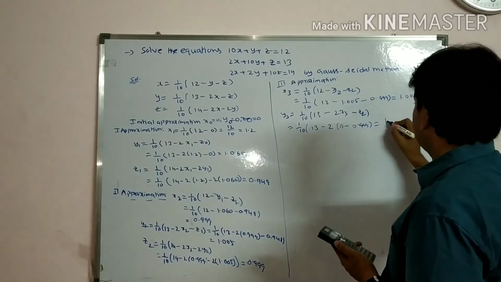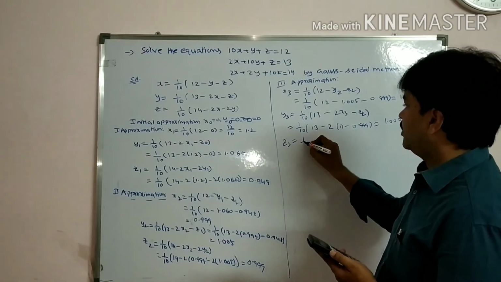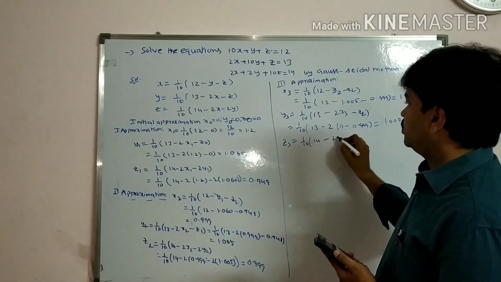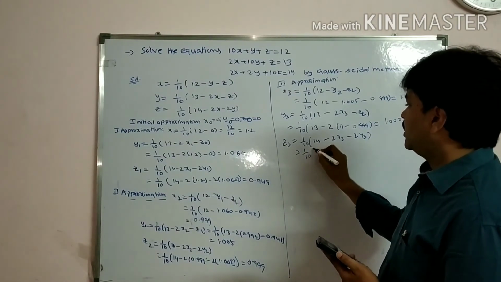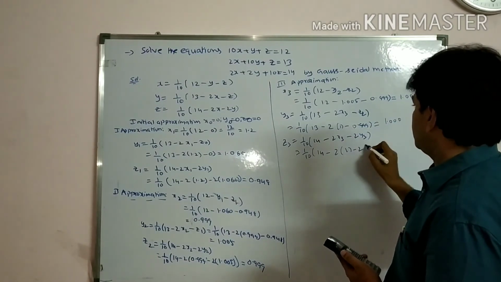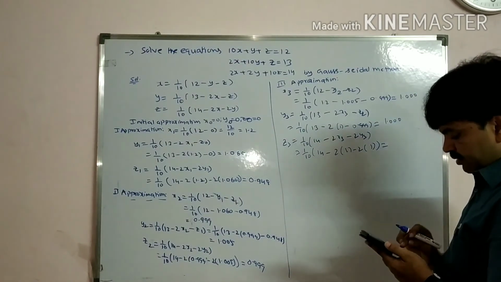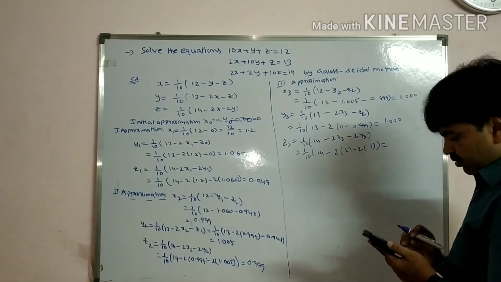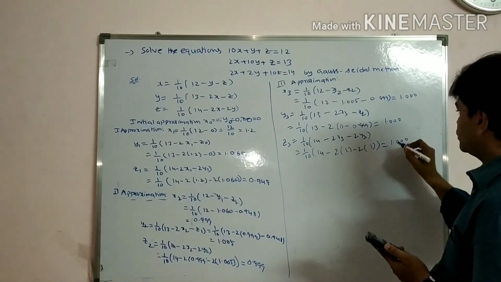We get here 1.000, students, and z3 is equal to 1 by 10, 14 minus 2 into x3 minus 2 into y3. So that is equal to 1 by 10, 14 minus 2 into x3 value 1 minus 2 into y3 value, also 1. So that is equal to bracket 14 minus 2 minus 2 bracket close divided by 10. That is equal, we get here 1.000, students.